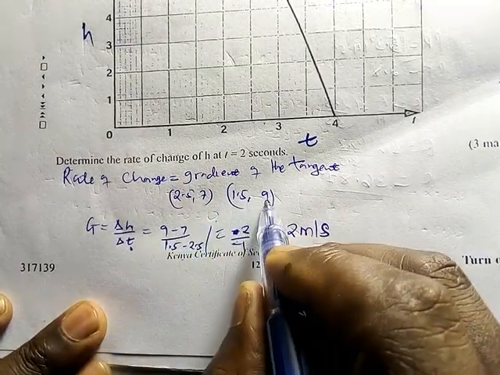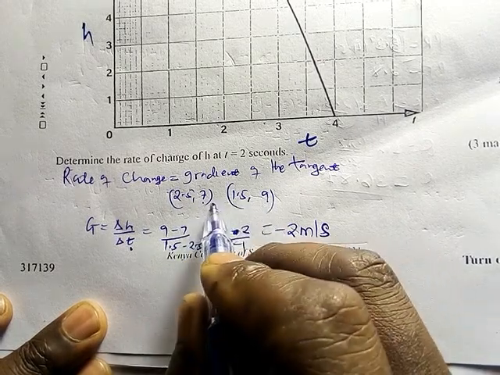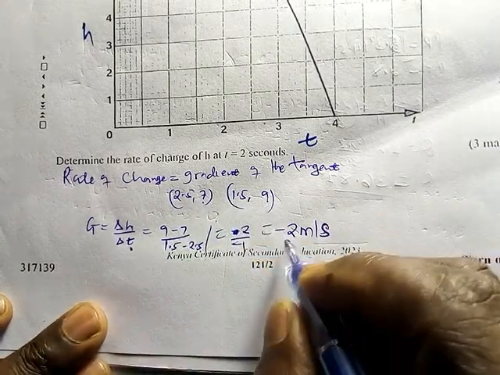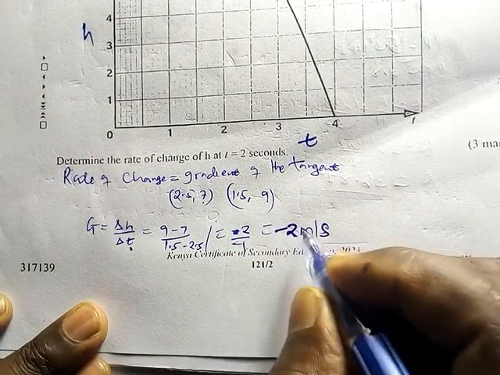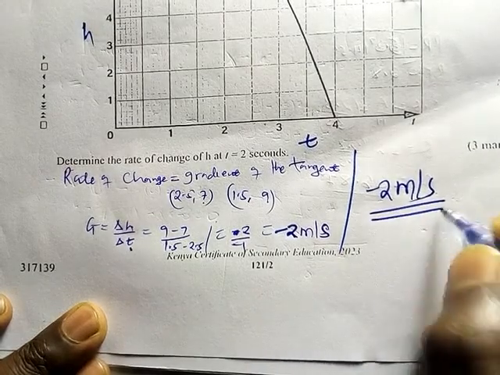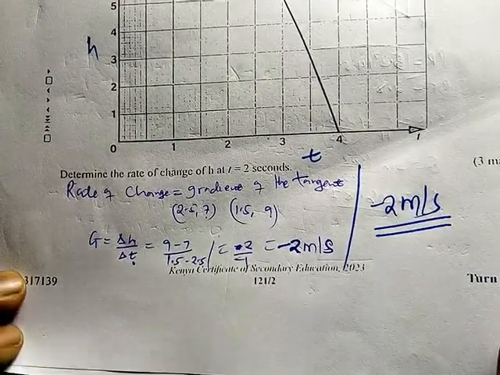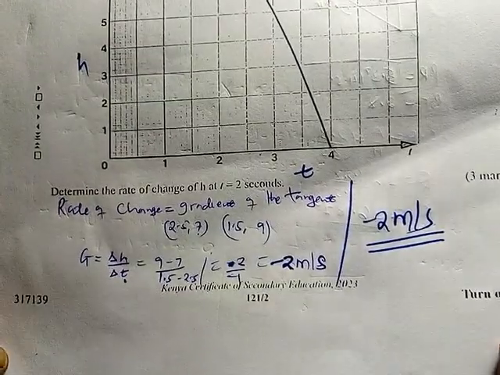So 9 minus 7, the answer is going to be negative 2 meters per second. Once you calculate the gradient, you have calculated the rate of change.